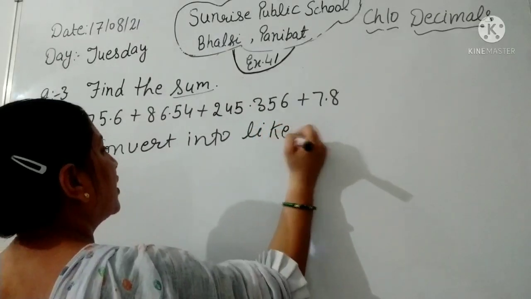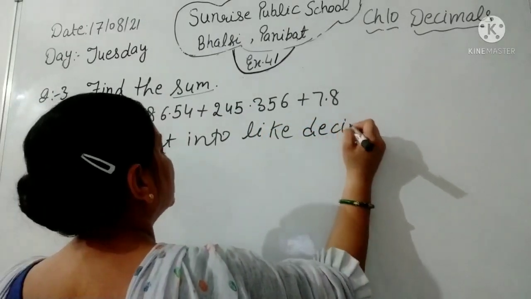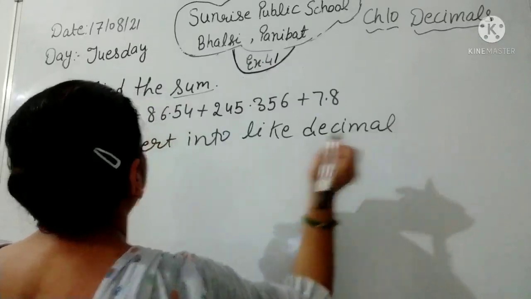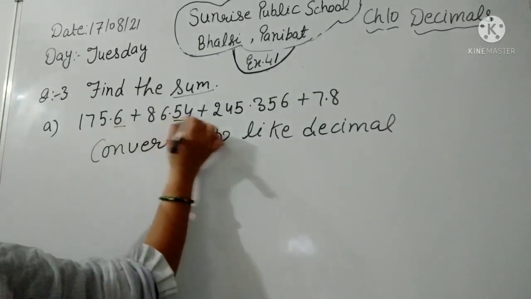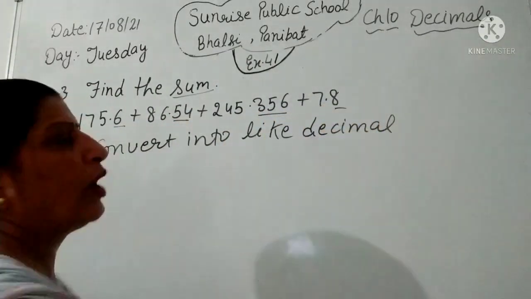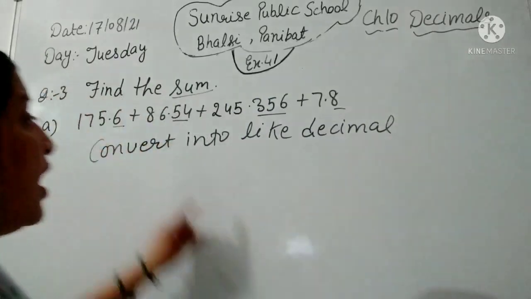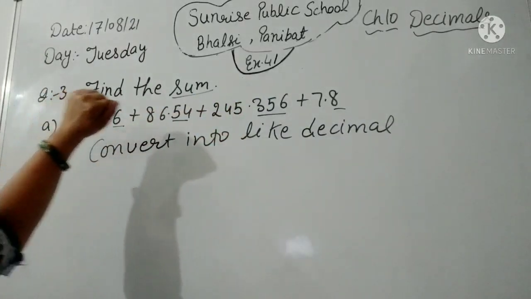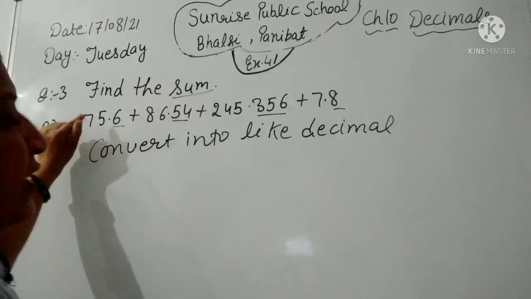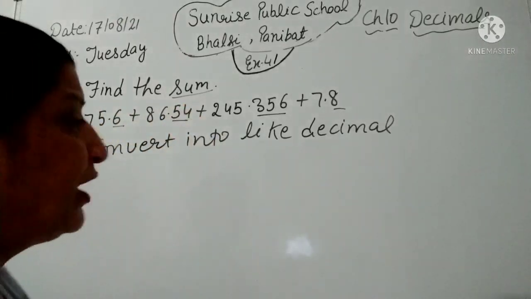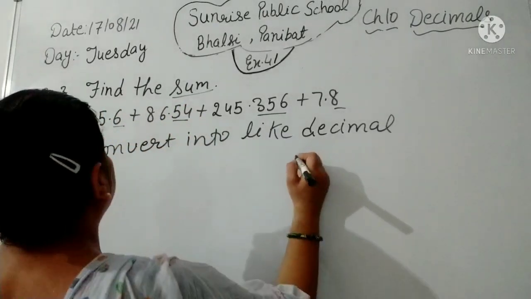To do that, firstly we check the digits after the decimal. Here is 1 digit, here 2, here 3 and 1. So the maximum digits are 3. So we have to convert all these decimals to 3 digits after the decimal. So we write it here.